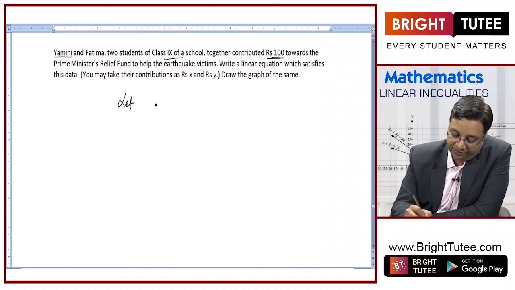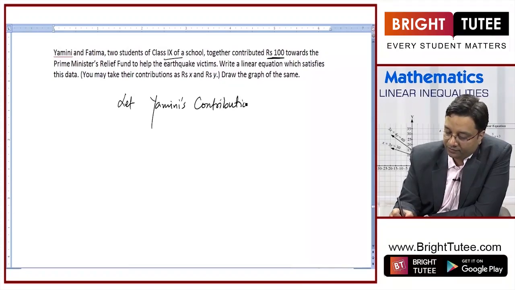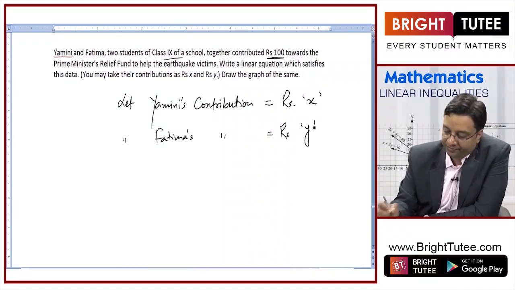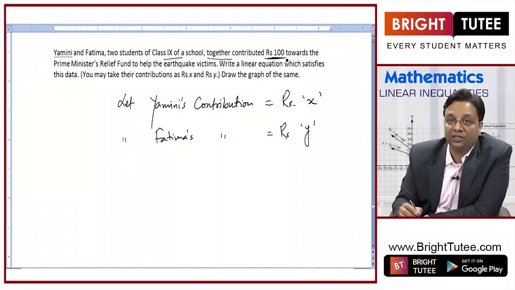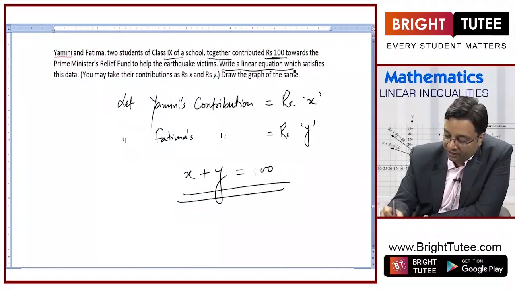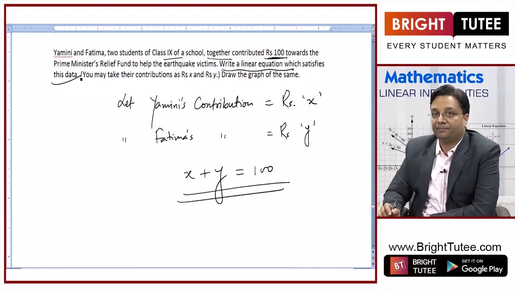So let Yamini's contribution be rupees x and let Fatima's contribution be rupees y. Okay, now they together contributed rupees 100. That means x plus y is equal to 100.